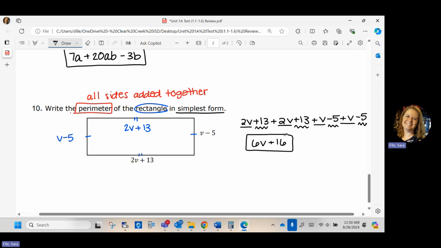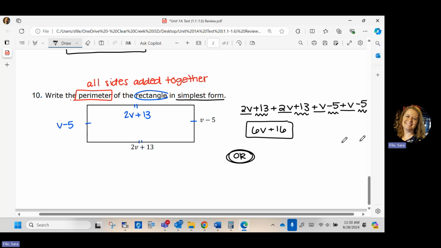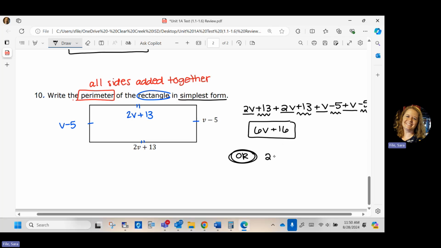Your other option, instead of writing it all out added together, you know there's 2 lengths and 2 widths. So you could have done 2 times V minus 5 plus 2 times 2V plus 13.